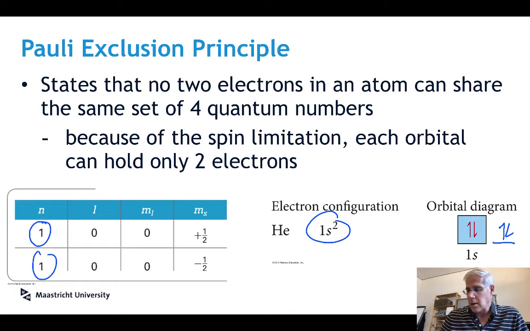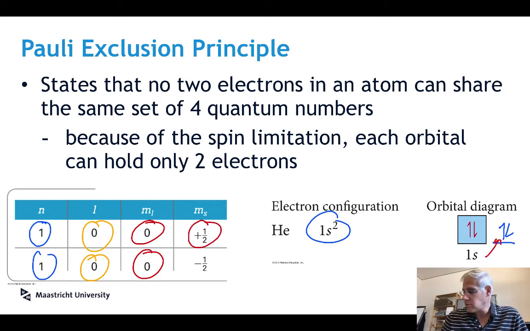They both have an L of 0 because both of those electrons are in an s orbital. We have an m sub L for both of those as 0 because that's the only allowable m sub L value for s orbitals. And so now we've got an m sub s of plus 1/2, so that's this electron right here. And then we've got an m sub s of minus 1/2, and that would be that electron right there. And at that point, I've exhausted all of my possibilities for the 4 quantum numbers in that orbital.